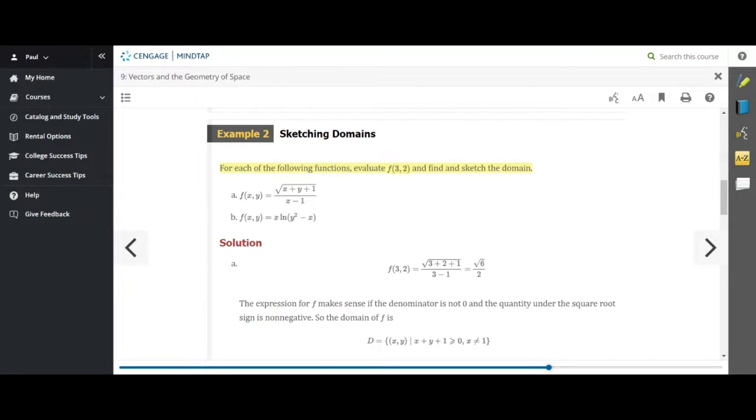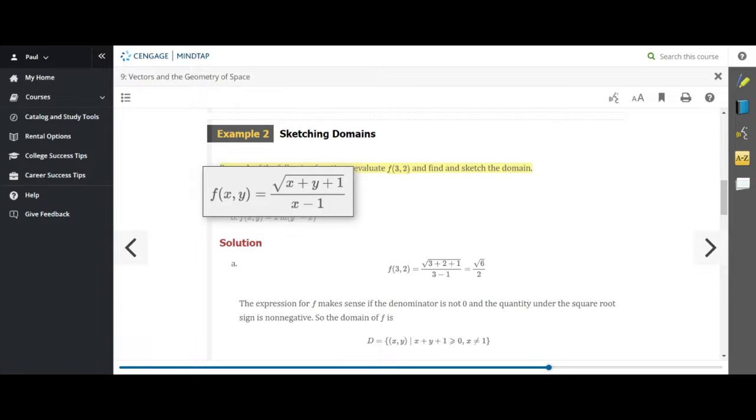So the first function here is defined as the square root of x plus y plus 1 divided by x minus 1. That's the first function.